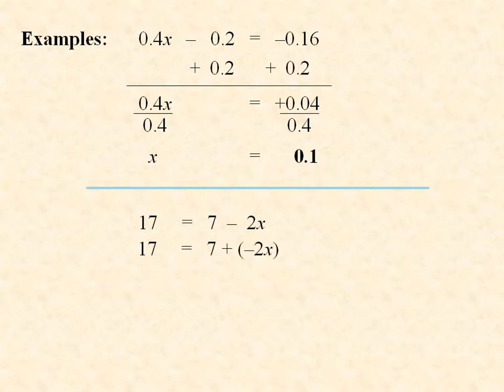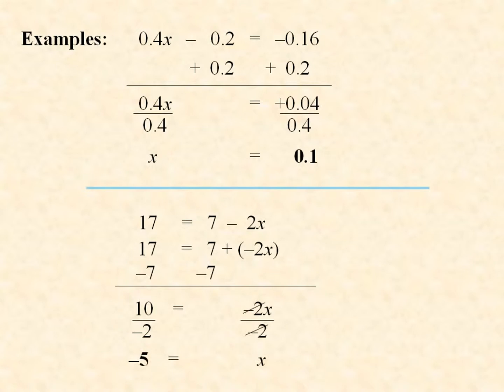It's actually 7 plus negative 2x, so the 7 is being added. Therefore, we add the opposite of 7 to both sides, and that gives us 10 equals negative 2x. We will divide by negative 2 to get x by itself. That cancels the negative 2's, and we are left with negative 5 equals x, or x equals negative 5.